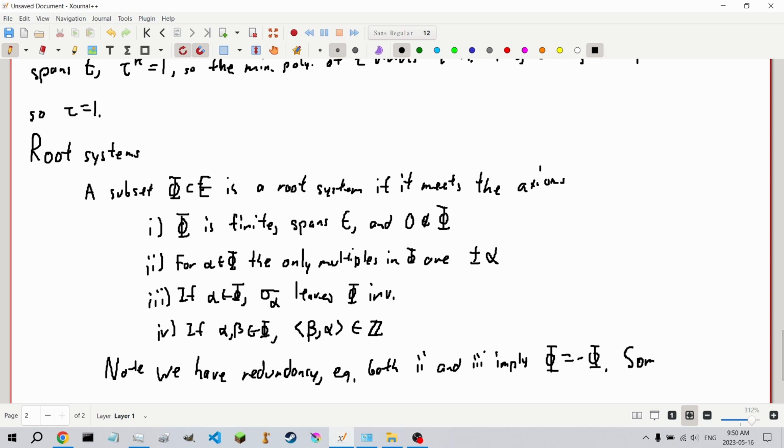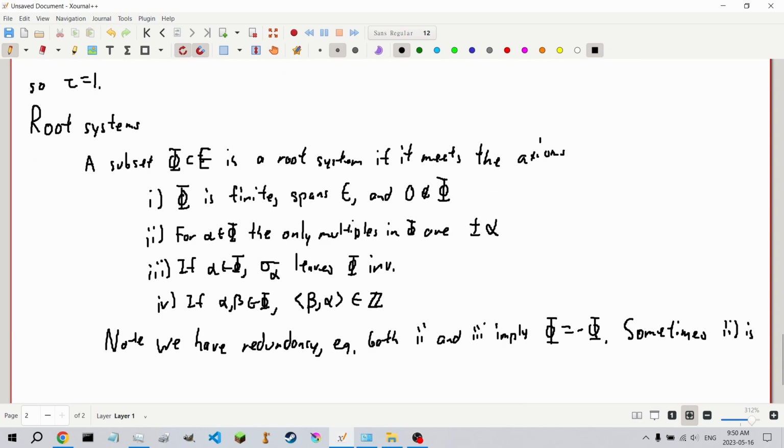Some authors state that sometimes axiom 2 is omitted, with our definition being a reduced root system.